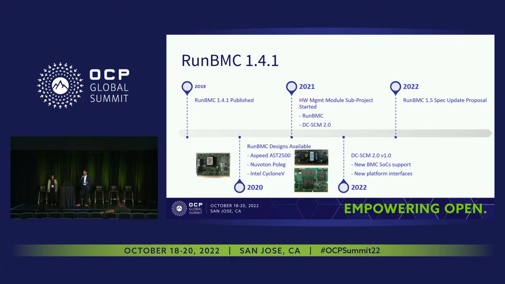So what we are trying to do right now with those RunBMC spec updates is to update the specification so that it supports those new BMC SoCs, and it's also aligned with new platform designs that are also defined by the DC-SCM specs.